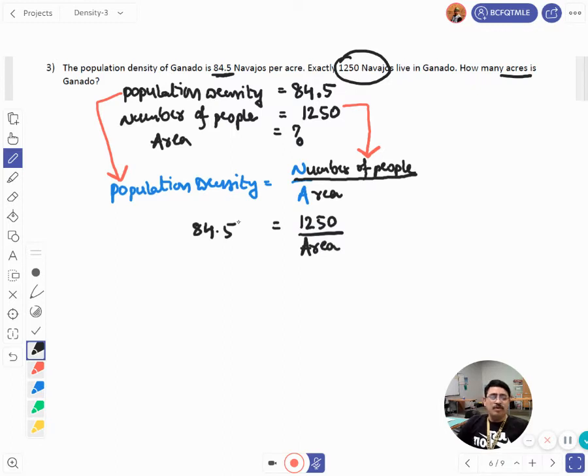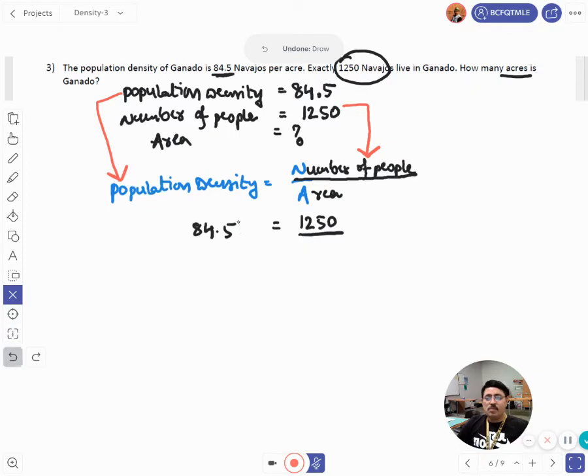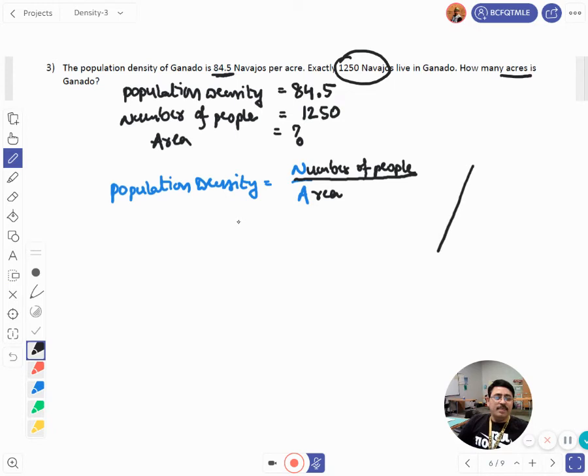This is one way of doing it, but I personally prefer a different method. Either you can plug in this way, but I know that this one takes a lot of time. Instead of that, let me rely on my magic triangle.